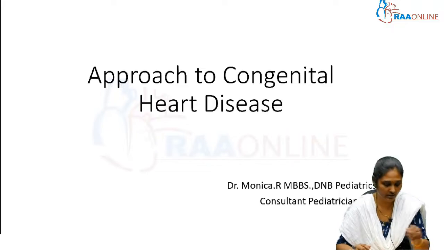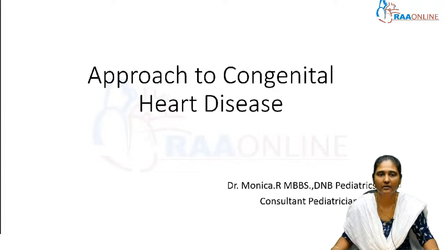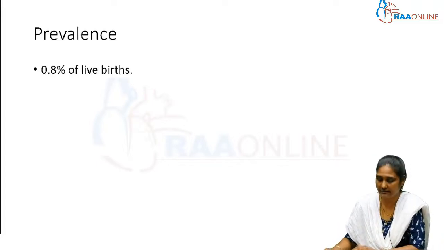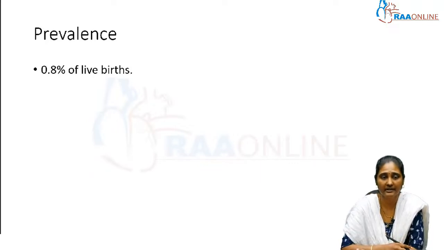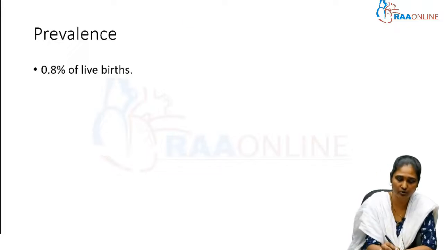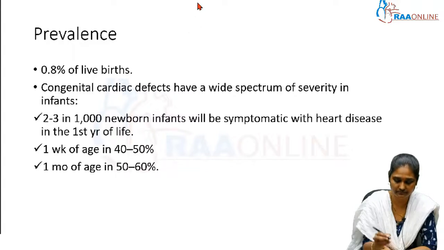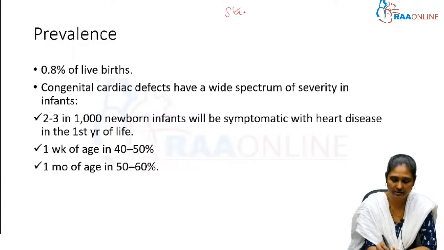If you see the prevalence of heart disease, 0.8% of live births are known to have congenital heart defects. But the incidence is even higher in stillbirths, almost 3 to 4%.